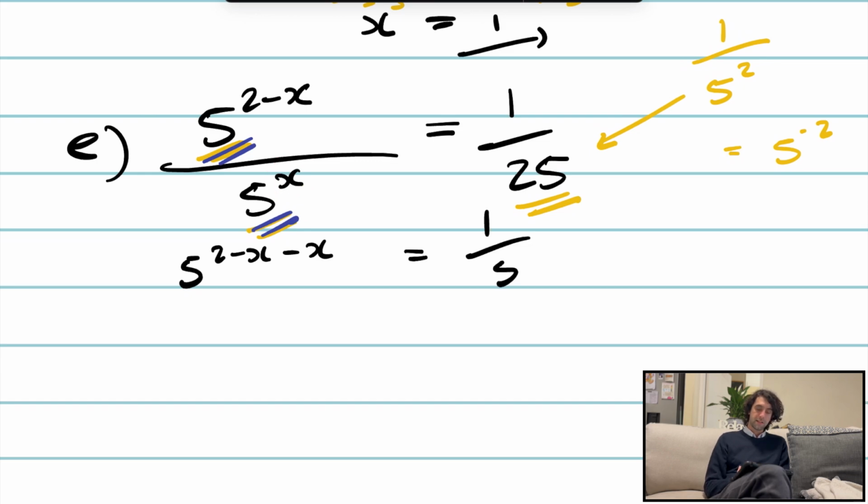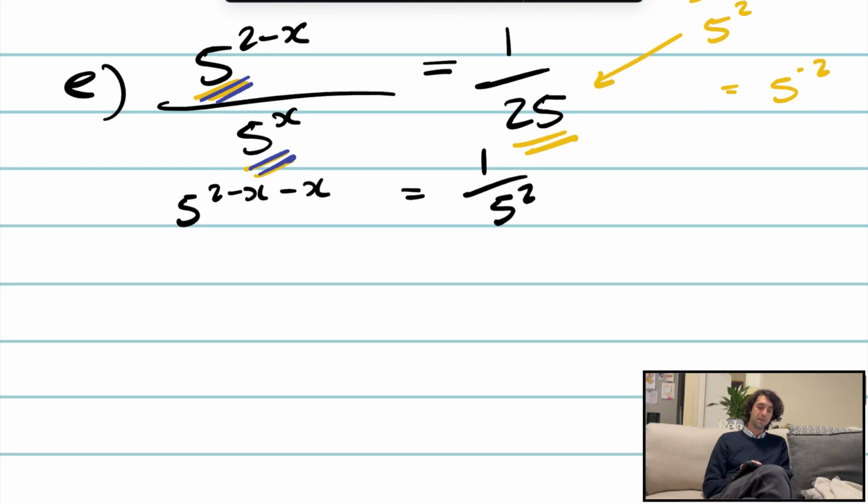Right, I'm going to take this one step by step, make sure that I'm getting full marks. 25 becomes 5 squared. On the left-hand side, we have 5 to the power of 2 minus 2x is equal to, and now I'm going to bring this one up to the top. Okay, so it becomes 5 to the power of negative 2.